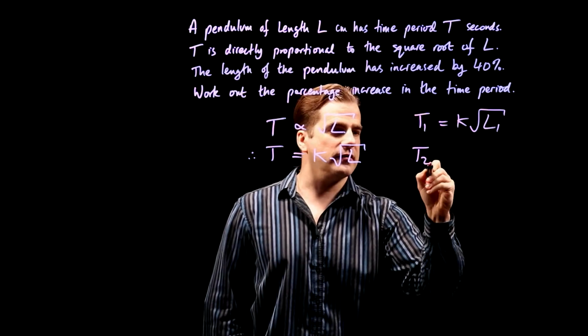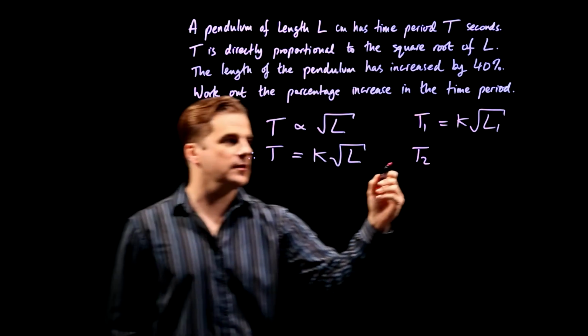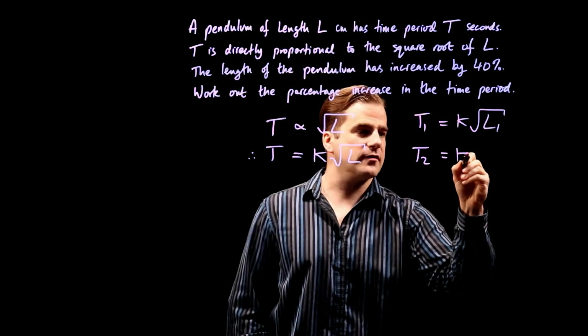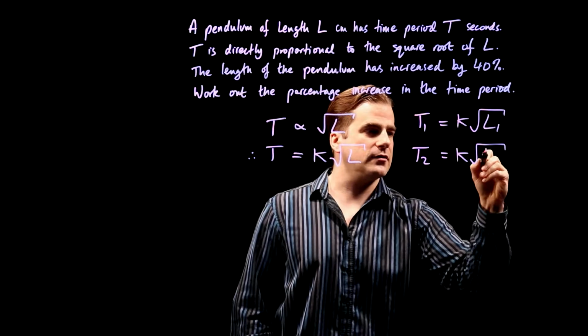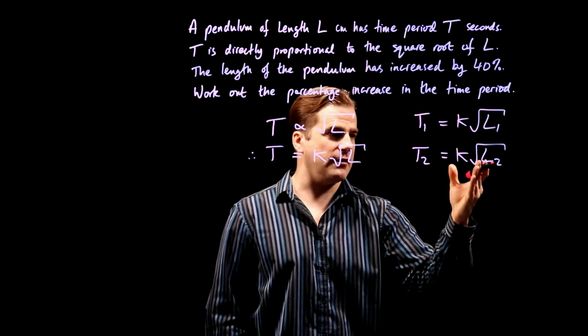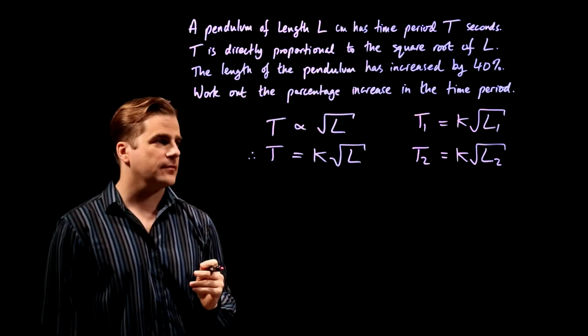And for a different time period, T2, T2 must be equal to some constant times the square root of a different length. Let's call it L2. Okay?